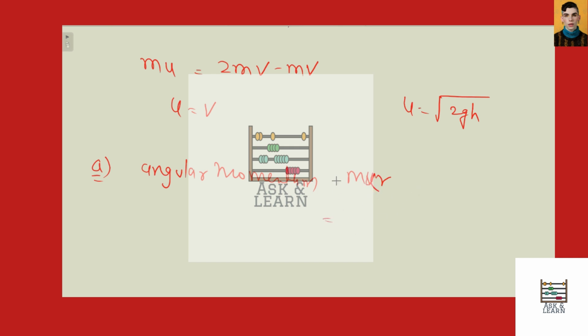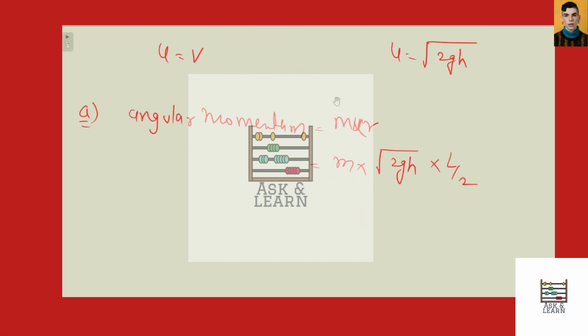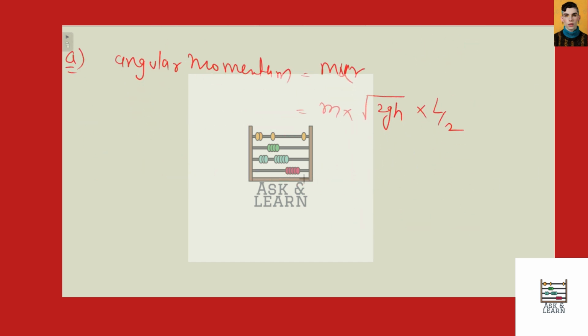So this will come to be m, u is under root of 2gh, and r is given by l by 2, that is the distance from the center of the rod. So from here we get ml under root of gh upon 2. So this is the angular momentum.